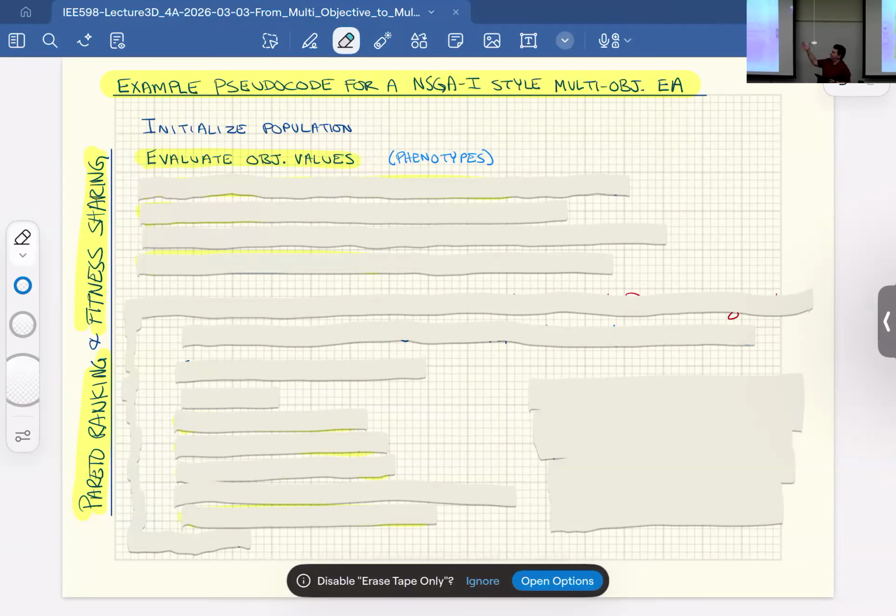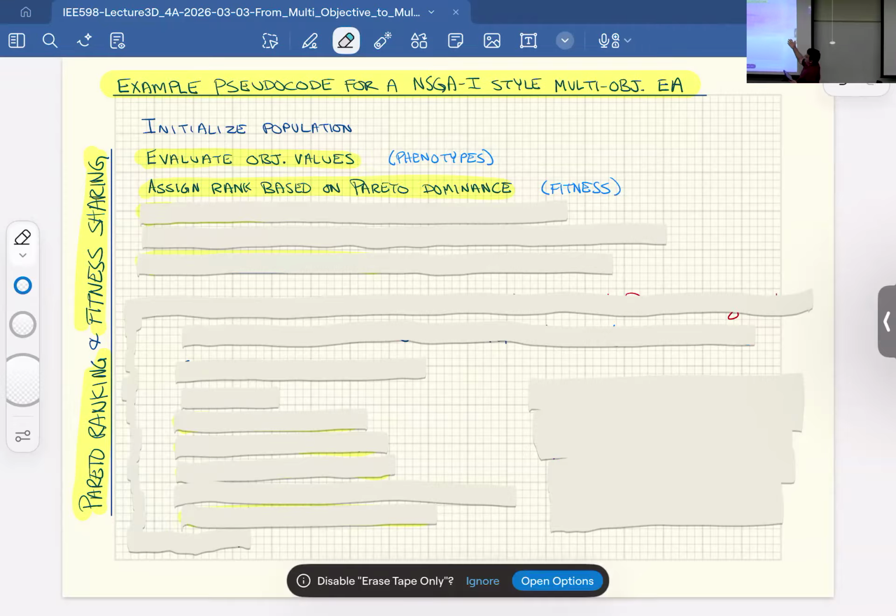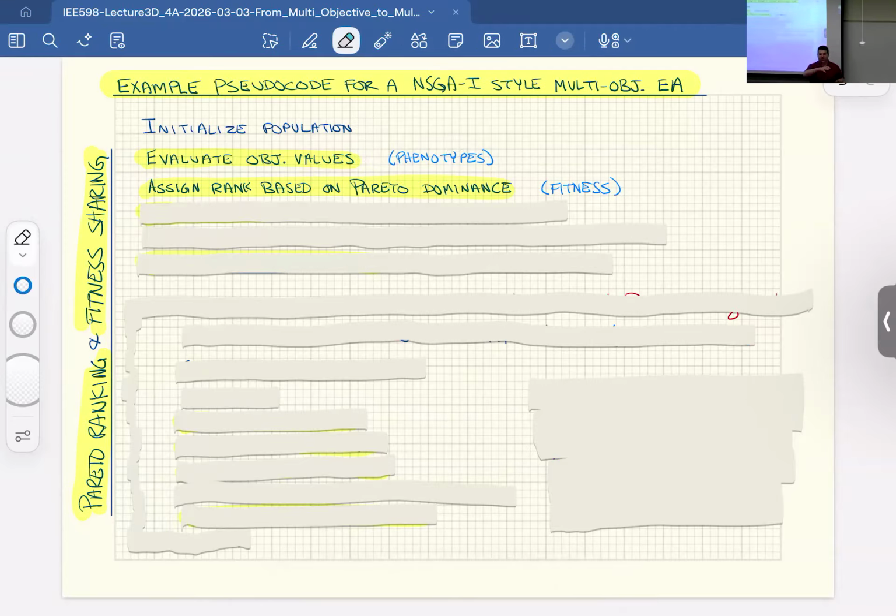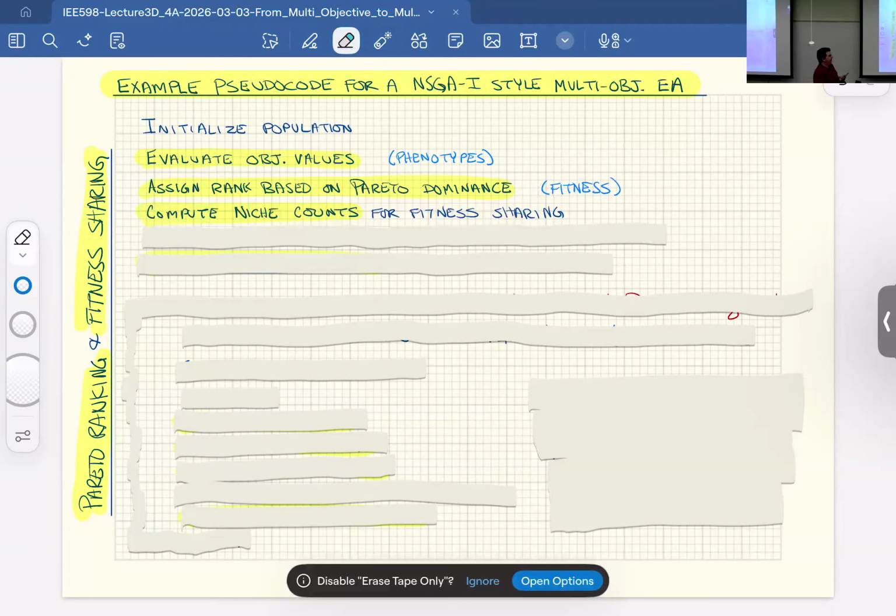These are our combinations of traits per individual. Our fitness concept here is going to be based on dominance. So we look across all of the individuals we have at who dominates who, meaning who is better in all objectives relative to another. And that is what's going to give us our notion of fitness, our ranking, our way of ranking these together.